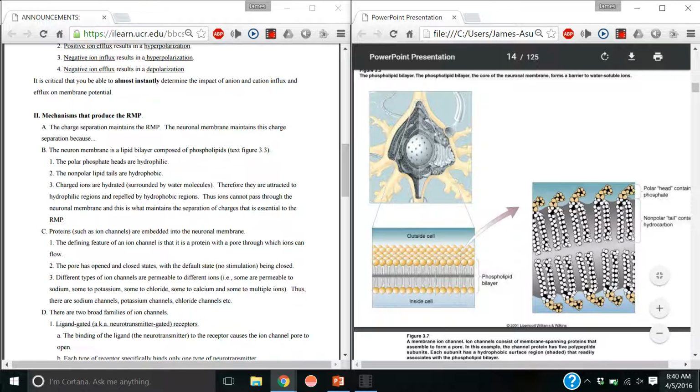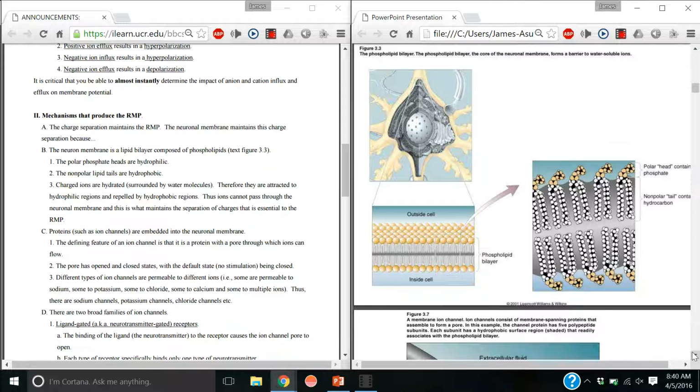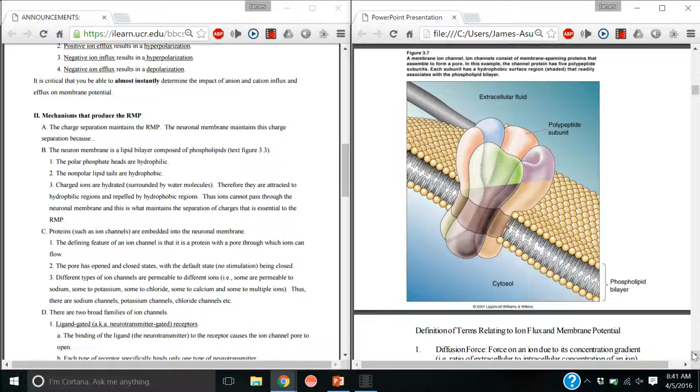When the channel is open, ions can pass down their electrochemical gradient. So, ion channels. By definition, the pore, when it is open, ions will flow through their electrochemical gradient. These ion channels can be open or closed.